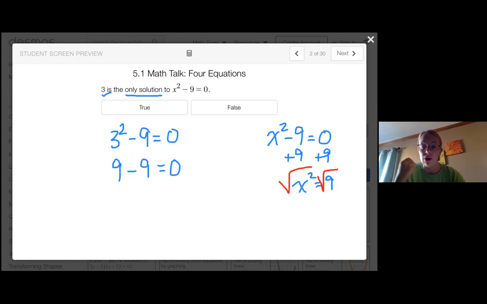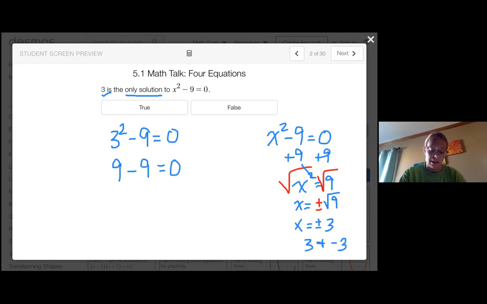Anytime I draw the square root, that means I get a plus or minus answer. So x equals plus or minus the square root of 9. The square root of 9 is 3. So my answer is x equals plus or minus 3, meaning it's 3 and negative 3.